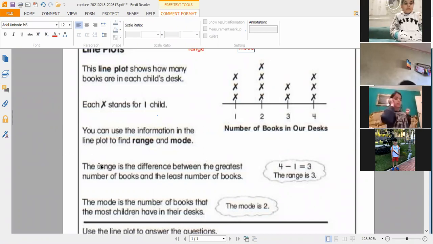Joy? Yes. Okay. I want to know what's the meaning of the mode. We said the mode is the most repeated number. Which number here is the most repeated number?